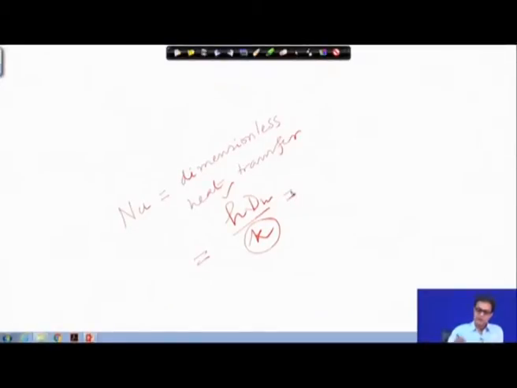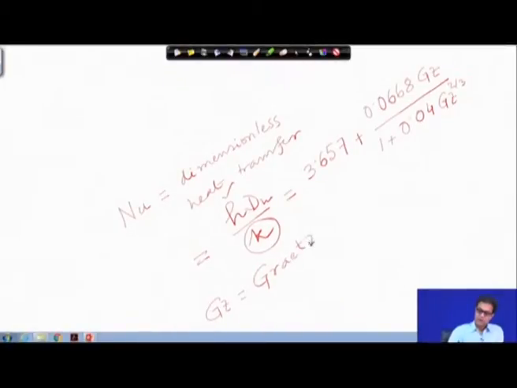So, this is given by 3.657 plus 0.0668 Graetz number divided by 1 plus 0.04 Gz to the power 2/3, where this Gz is called the Graetz number, and we define it as Re into Pr into d by L. I am sorry, this is d by L. This is what the Graetz number is.